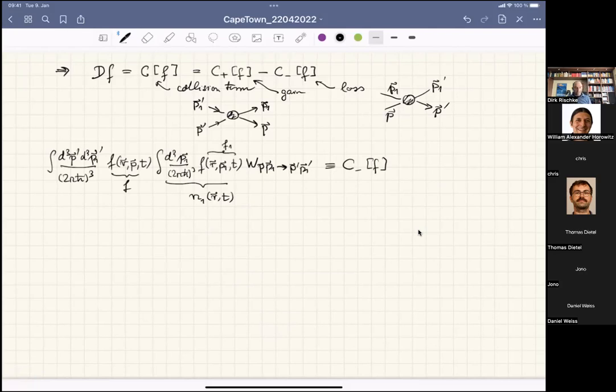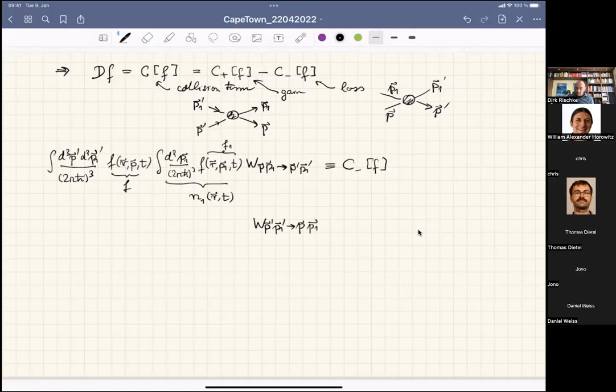And then the gain term you also have to worry about. How does the gain term look like? The gain term is also proportional to the transition probability, but now you have to be careful. The momenta are reversed here.